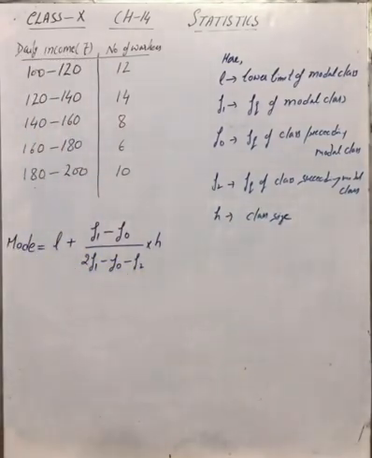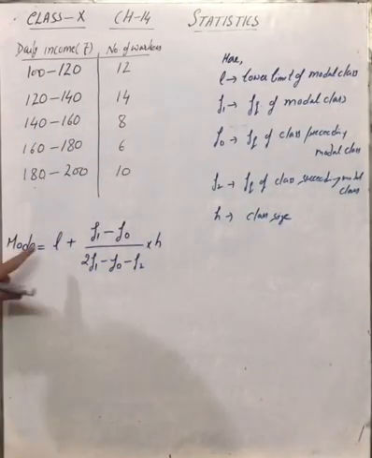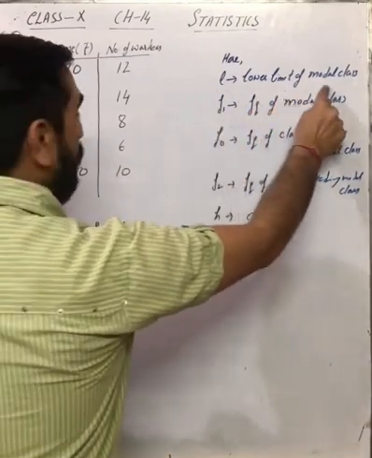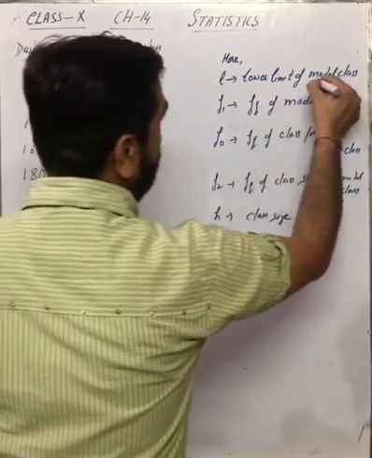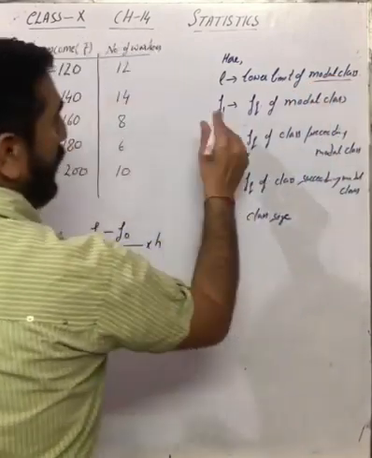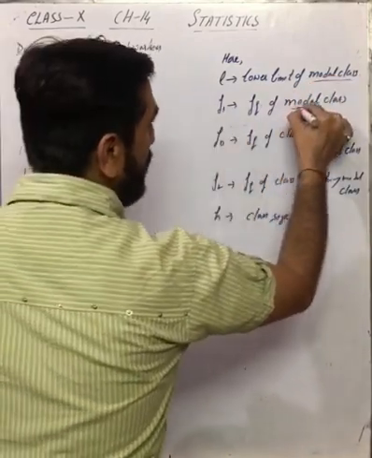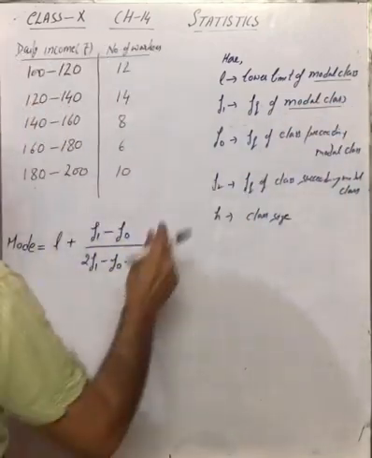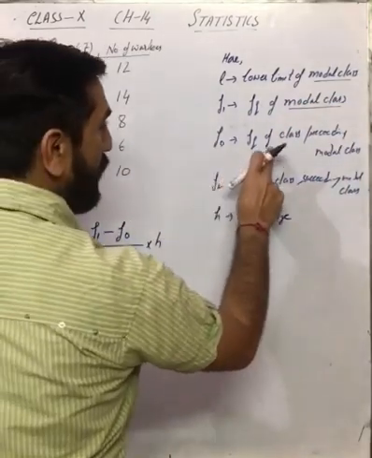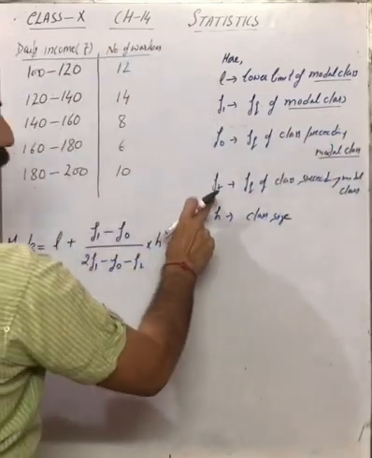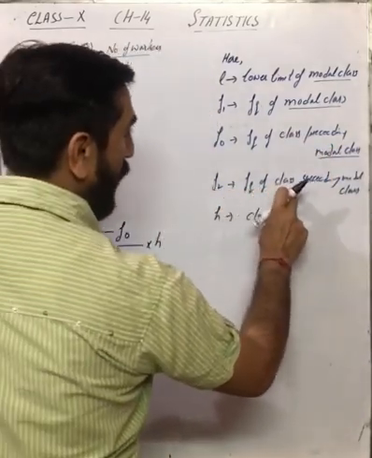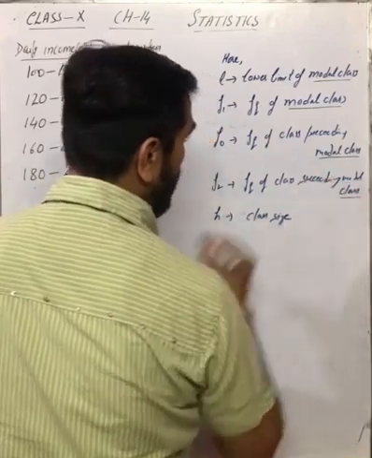So let's read once again the terms. L, lower limit of model class. F1, frequency of model class. F0, frequency of class preceding model class. F2, frequency of class succeeding model class.